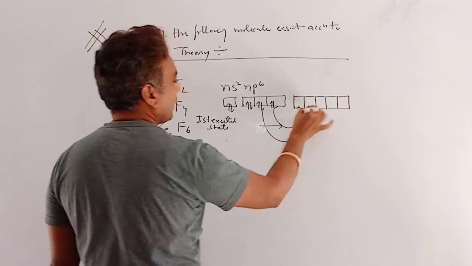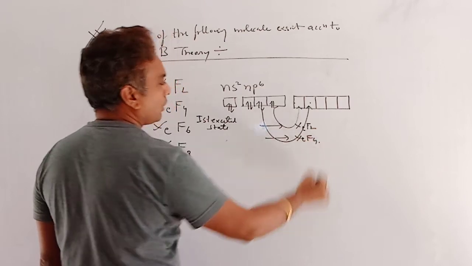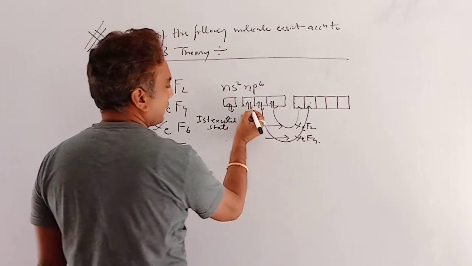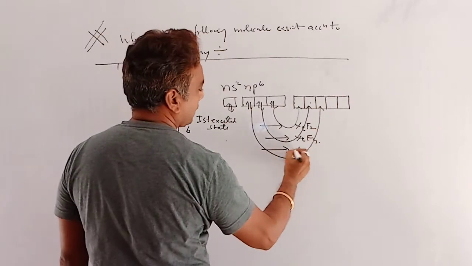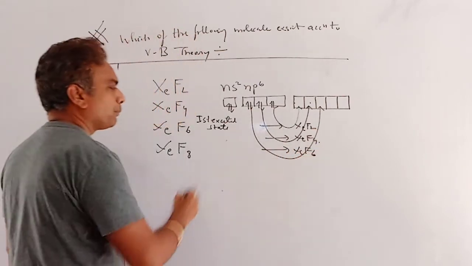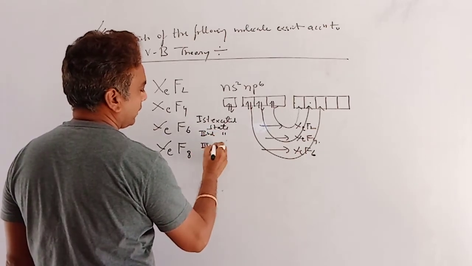In next excited state we have 4 unpaired, so XeF4 is formed. In next excited state this electron also jumps from p to d, so XeF6 is formed. Clear? Here is the second excited, here is the third excited.